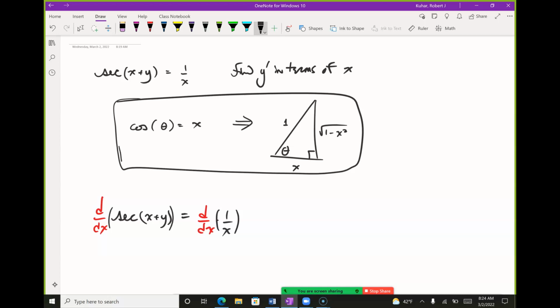What's the derivative of secant? Secant x tan x? Yes, nice. So secant of x plus y times the tan of x plus y times the derivative of the inside. And I'm going to put a placeholder on that because I'm not quite ready to do it. But I want to always be thinking of the chain rule from forever and ever.